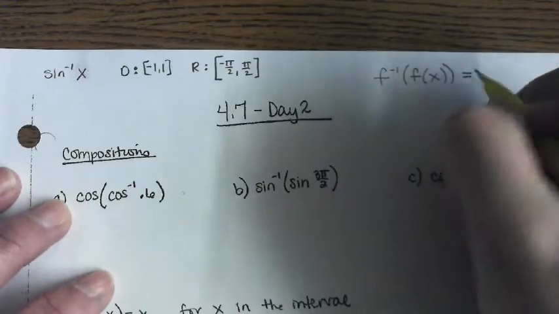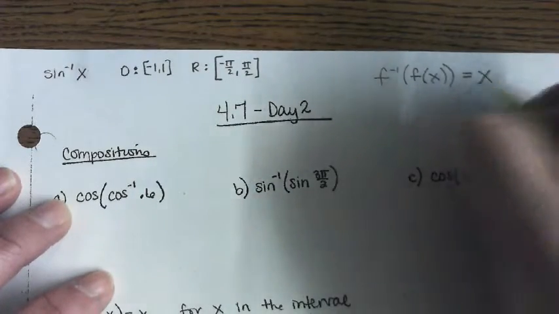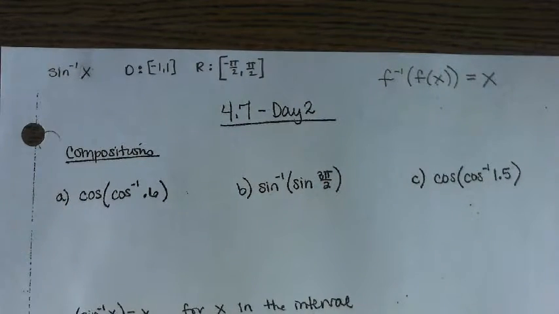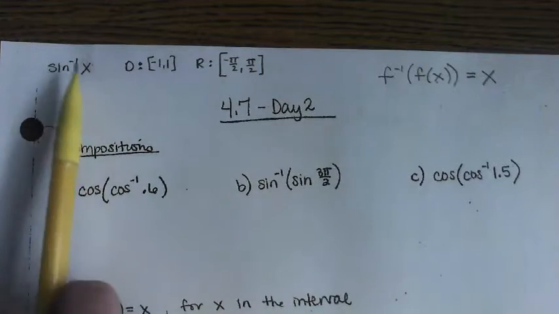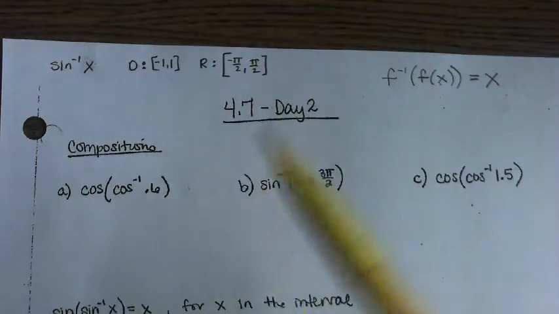So whatever you plug in, x, is what you're going to get back. So the idea is that they just cancel. Inverse sine and sine just cancel. Inverse cosine and cosine just cancel. And that's, loosely speaking, what happens, but you have to be careful of situations like this.